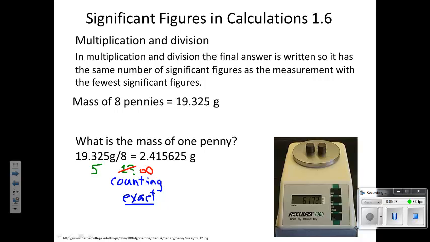Well, 5 is smaller than infinity. Okay, so we have 5 significant figures in the answer, and 2.4156 should be good. 2.4156 rounded off, right? I'm dropping the 2 and the 5, and I keep the 6, and I keep the units in there.